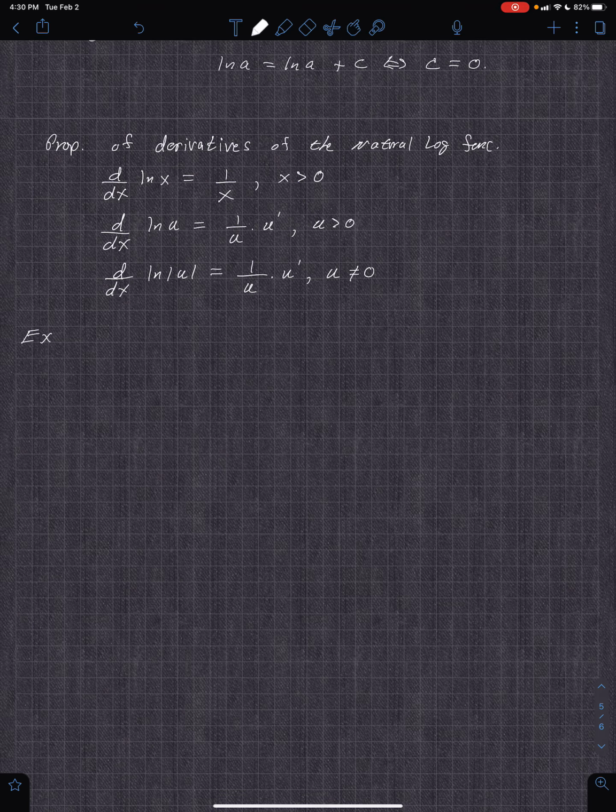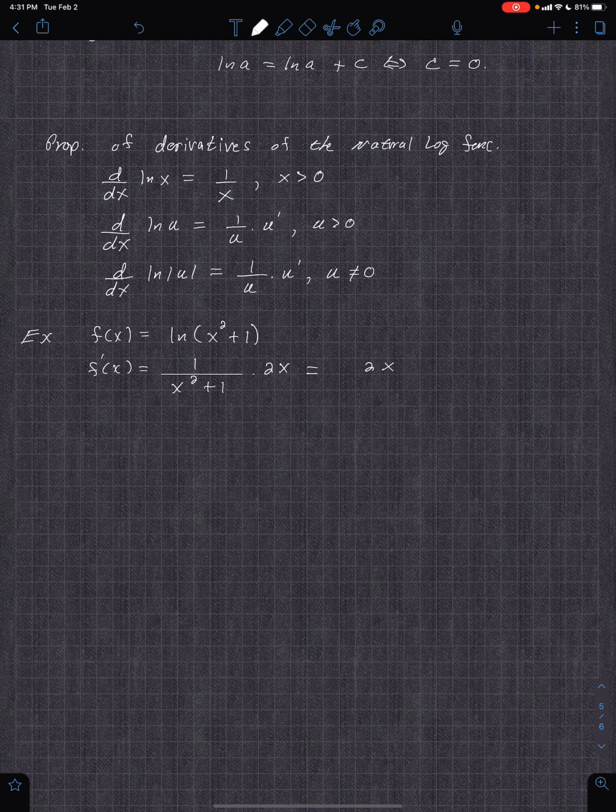So let's suppose f of x is equal to ln of x squared plus 1. So when you do that derivative, you just get 1 over, and then do the chain rule. So f prime of x ends up being 1 over x squared plus 1 times the derivative of the bottom, which is just 2x.